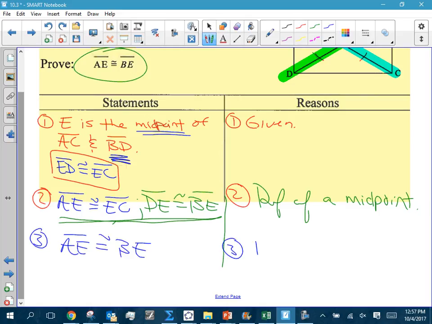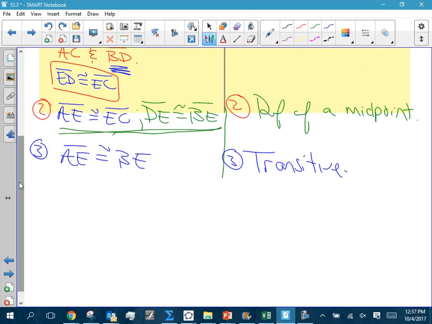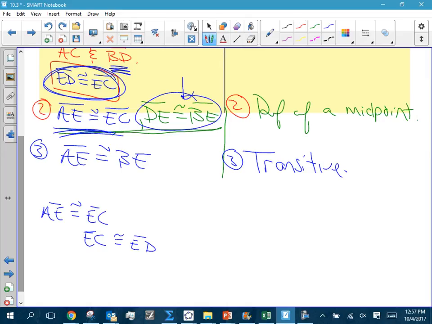And my reason then is the transitive property of congruence. When you have a cluster or a grouping of things that are congruent, you can pick out any 2 of them that you want to and say that any 2 are congruent. And the logic is if A equals B, and B equals C, then A equals C. If I start with AE is congruent to EC, that statement right there, and then I pull out this segment here and say EC is congruent to ED, and then come to this congruency here, I can write ED is congruent to BE.